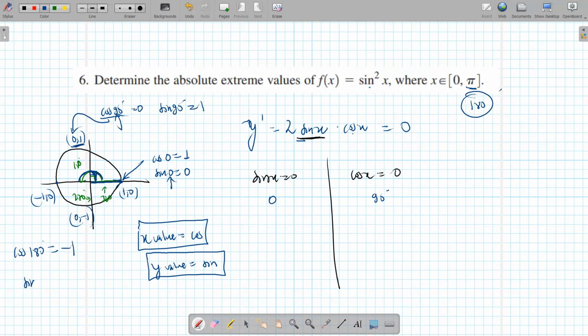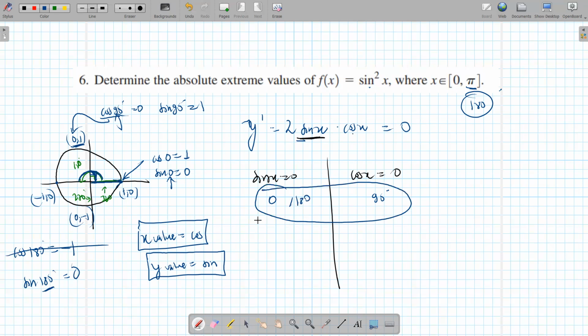What about sine of 180? It's the y value at that point. It'll be 0. So does -1 help us? Cosine being -1 doesn't help us, but sine being 0 does. So the other answer is 180. So there you go. That's our answer.